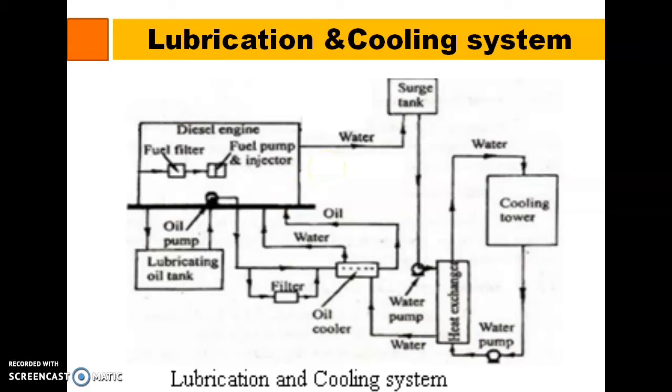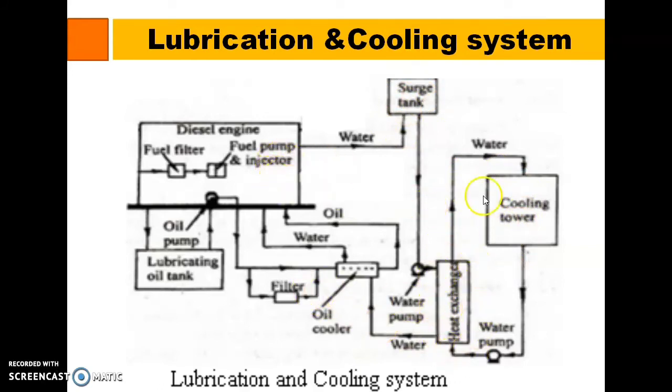Then by the normal working of this diesel engine, it will get heated. A number of parts of this diesel engine will get heated, so the temperature of those parts should be reduced, those parts should be cooled. So for that, this cooling system works. So the cooling tower is there. It consists of the cooling tower, then some water tank, then filter, then this heat exchanger.